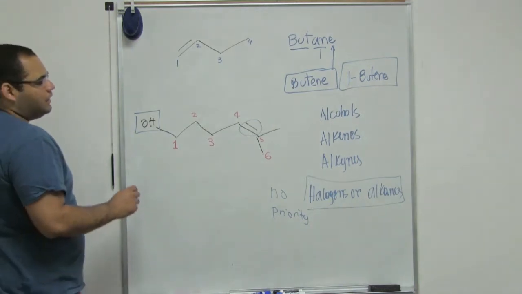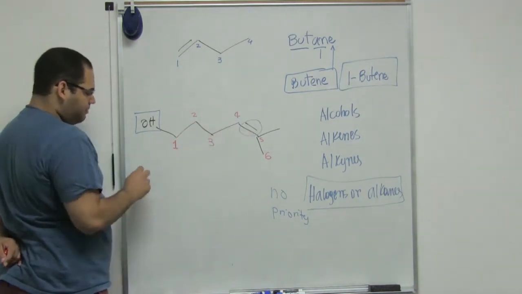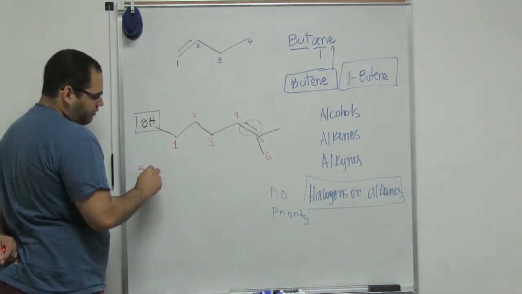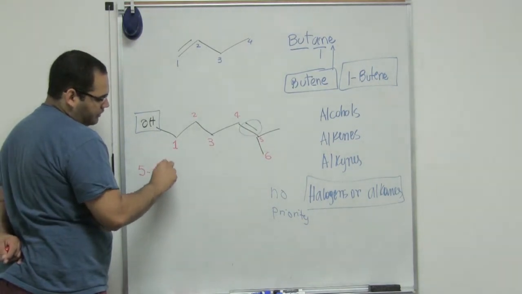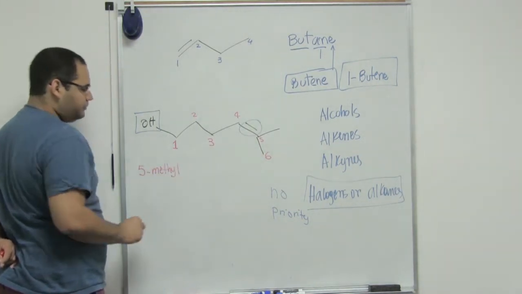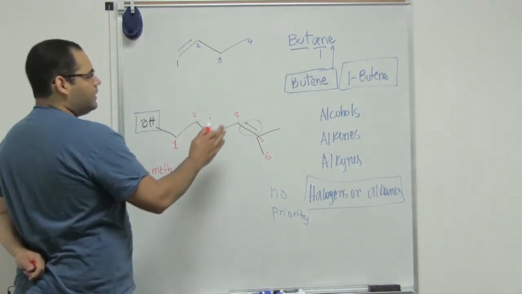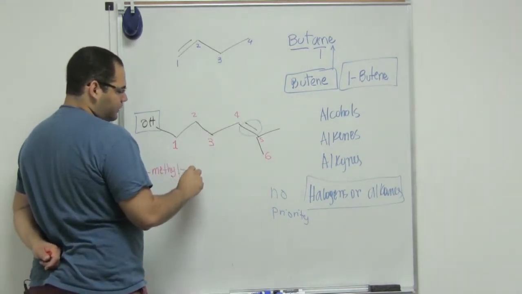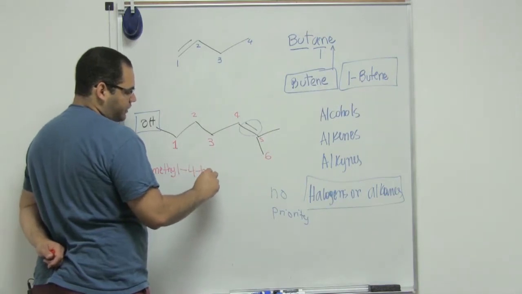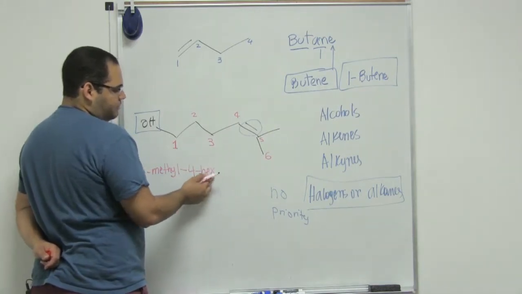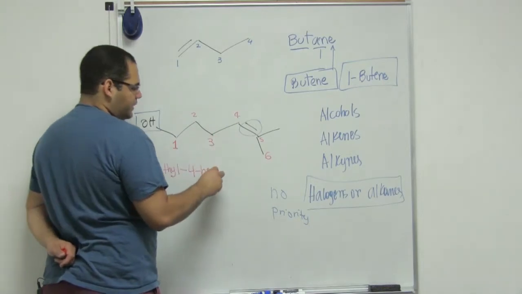So in carbon number 5, I have a methyl group. And in carbon number 4, I have hex because it is 6 carbons.